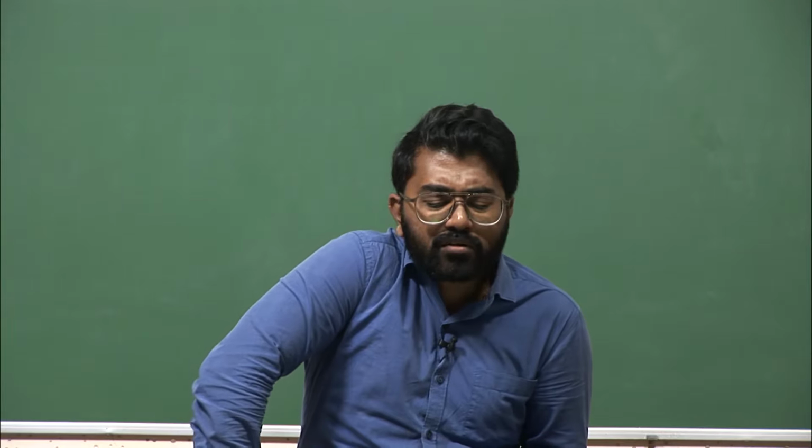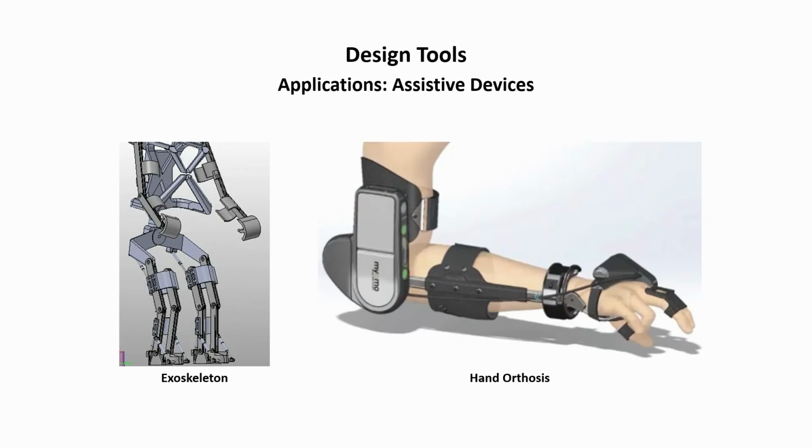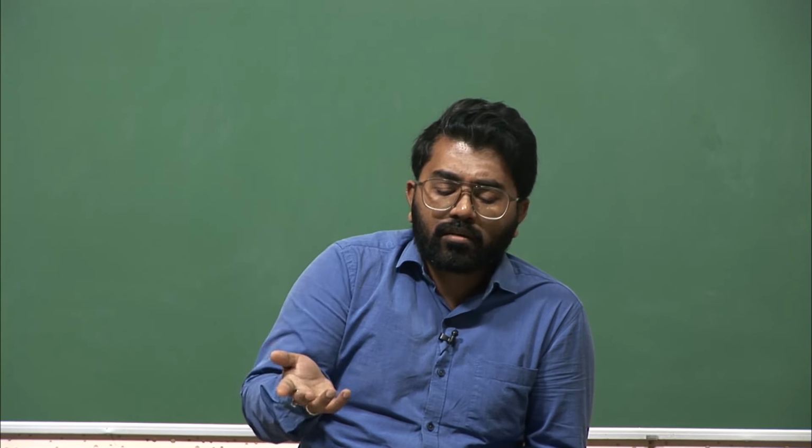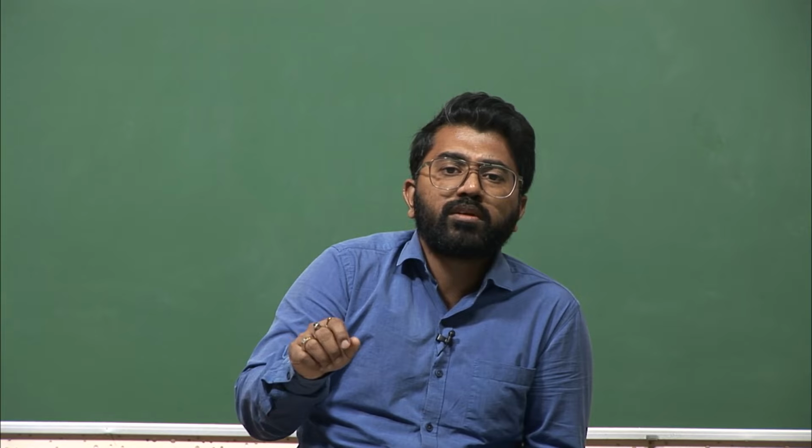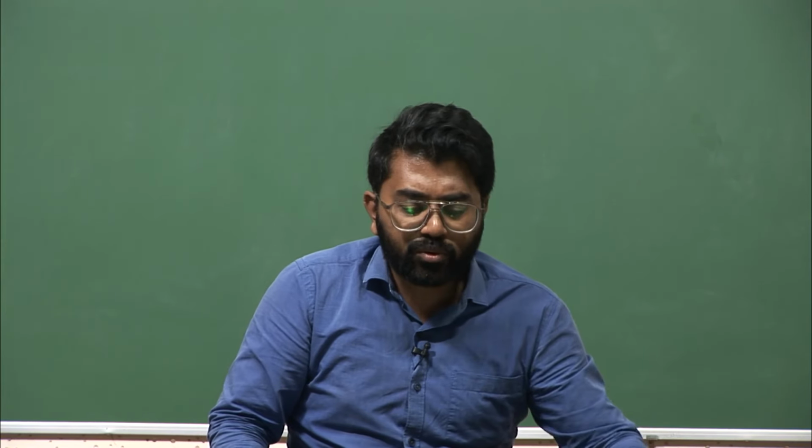The next example is a smaller version of the exoskeleton itself, which is a hand based orthosis. This can have different modalities: it could be a hand based orthosis which helps you mechanically do a few things, or it could have an electronic actuator which helps you do certain things.